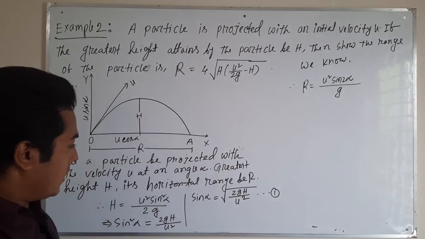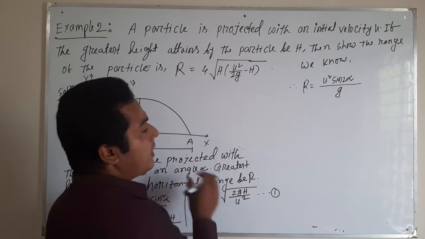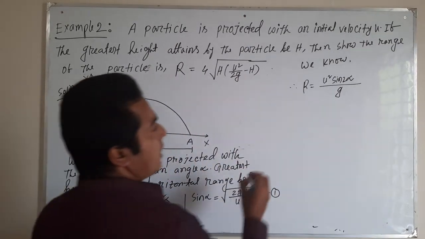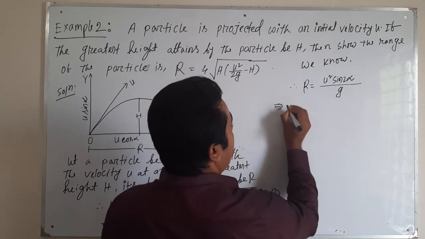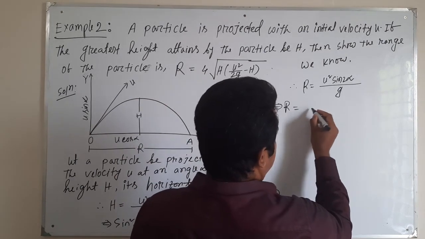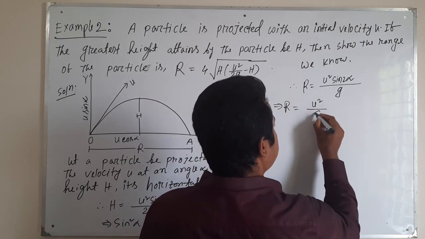Okay, just think, we have the value of sin alpha from the formula of the greatest height, and then r is equal to u square divided by g.